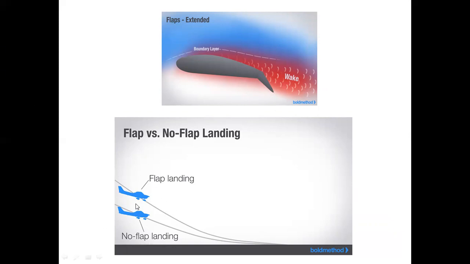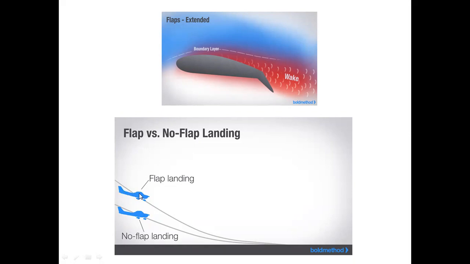So this is a comparison of the aircraft which has flap and the aircraft which does not have flap. The aircraft which has flap can fly with very less speed. The speed of that aircraft can be less.